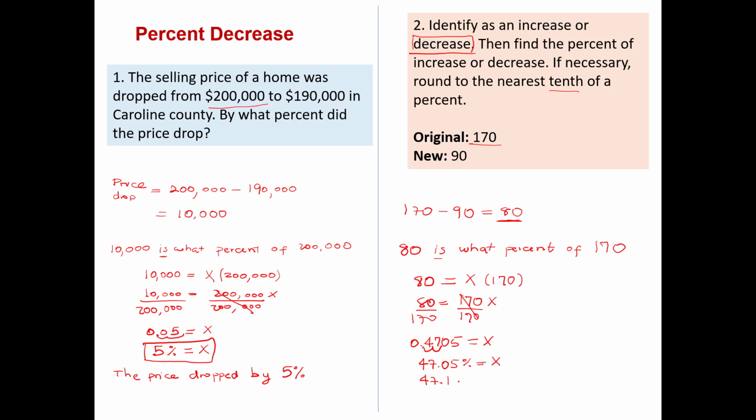Equal to x, and this is the answer. It's 23.1%. And this amount decreased by 23.1% with respect to the original number.